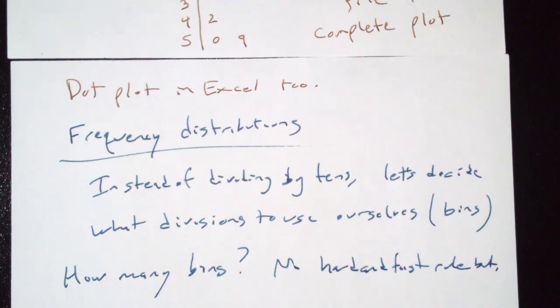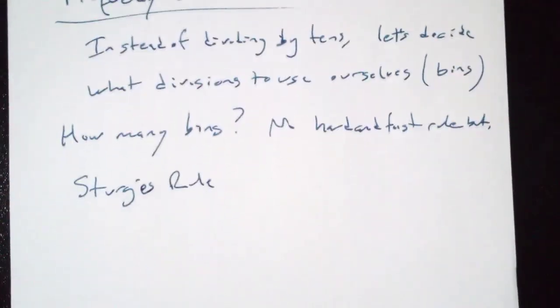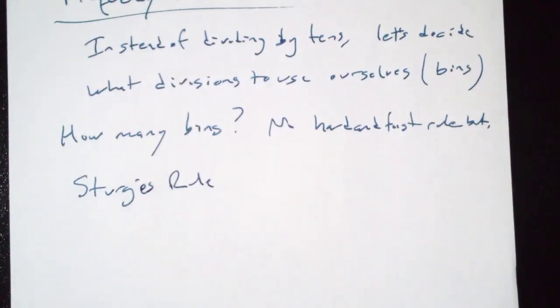I always forget if it's an I or an E on his name. It is an E, Sturges' rule. Sturges said, you know, every time you double the number of data points, you should add another bin.